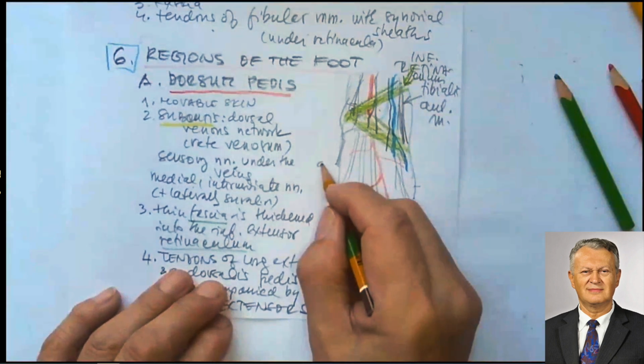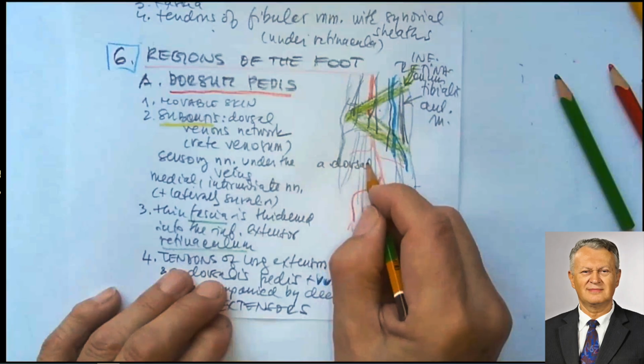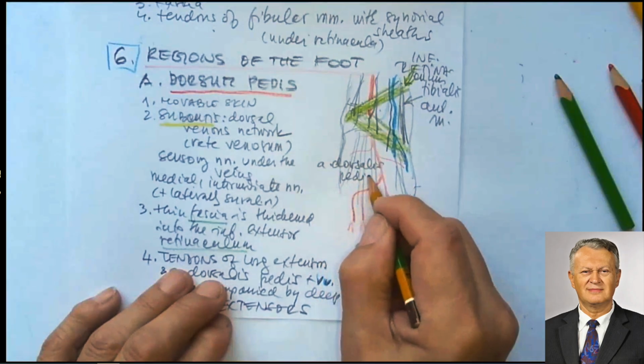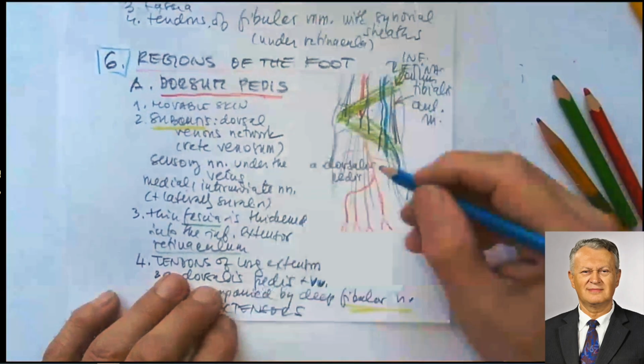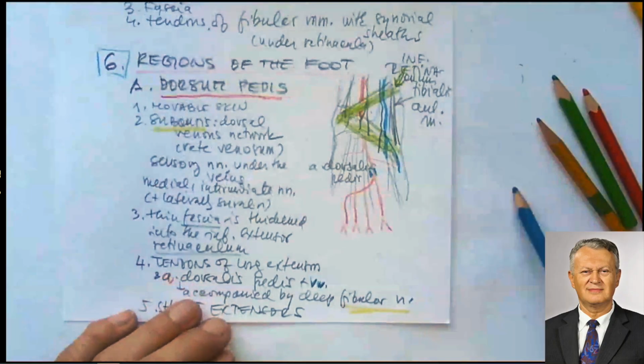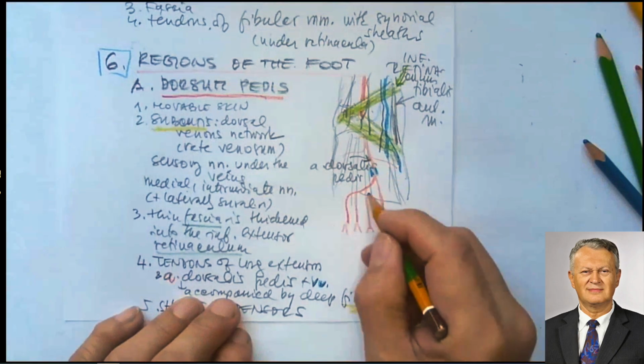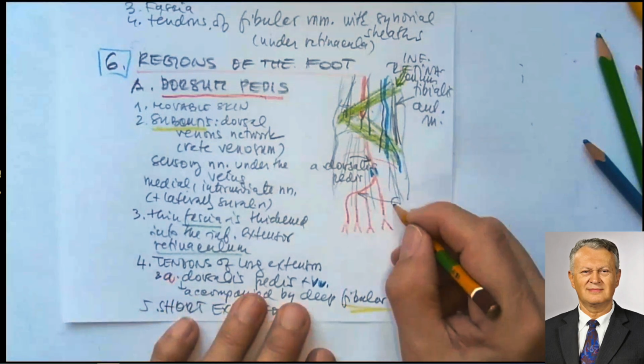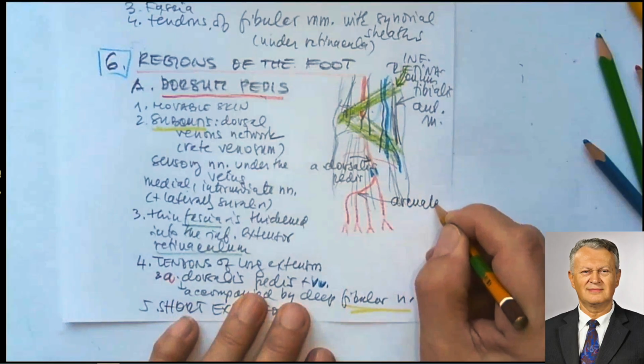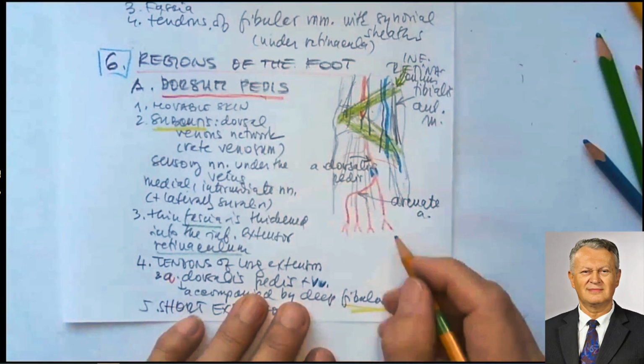Here is the arteria dorsalis pedis, with the veins, of course. This one is arcuate, arteria arcuata, arcuate artery, logically with the veins.